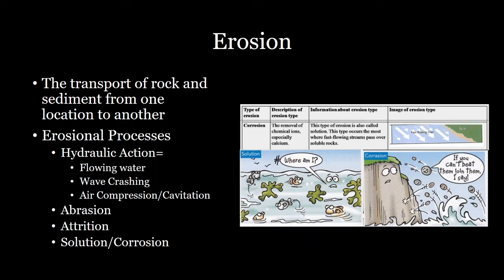This most significantly happens with carbonates, but it can happen with salts and other minerals that we've talked about. So that's another way that rock can be moved to a different location.